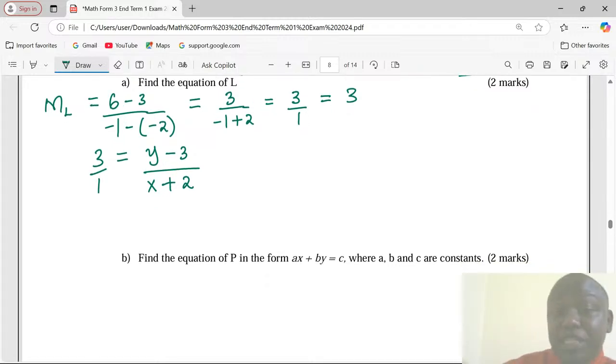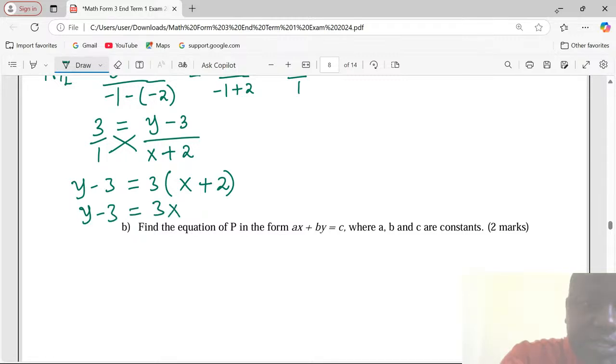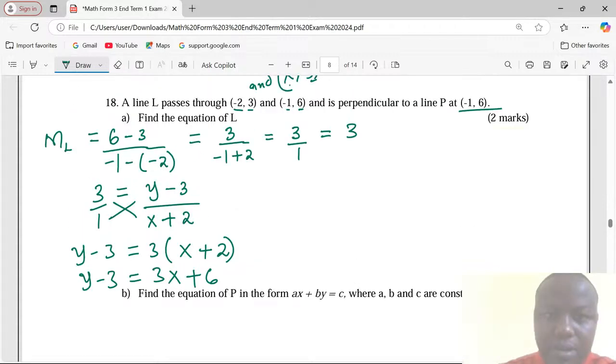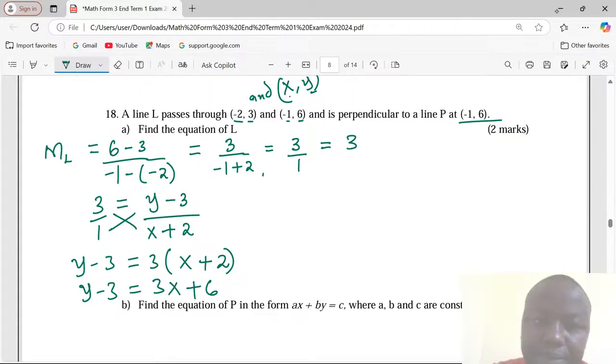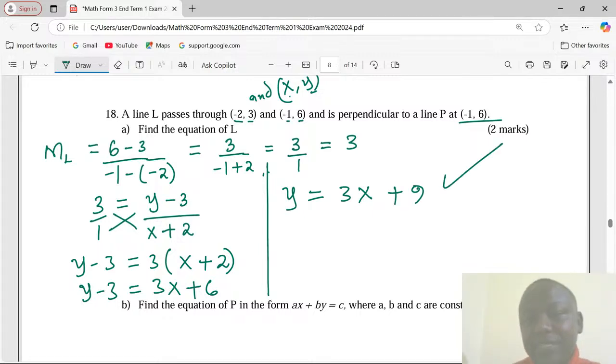So now we can cross multiply: y minus 3 equals 3 times x plus 2. So y minus 3 equals 3x plus 6. At this point we remain with y equals 3x plus 9. This is now the equation of line L.